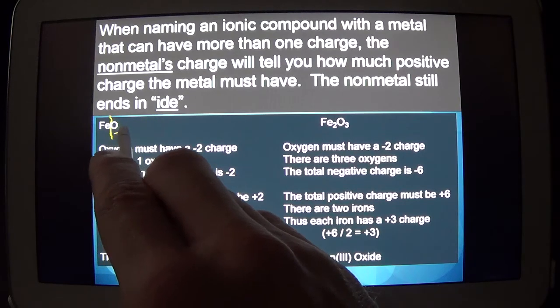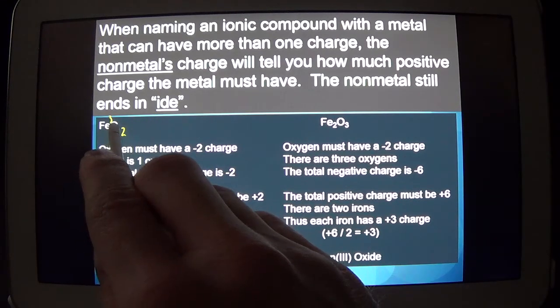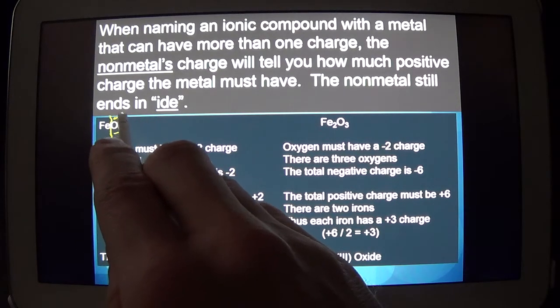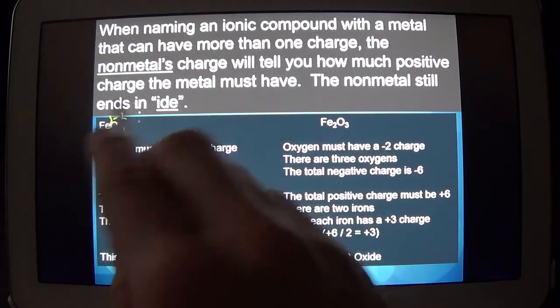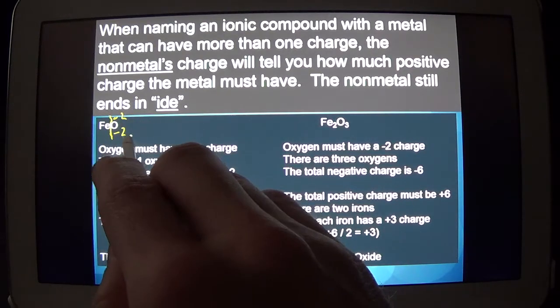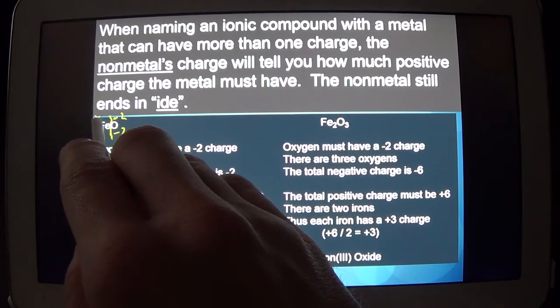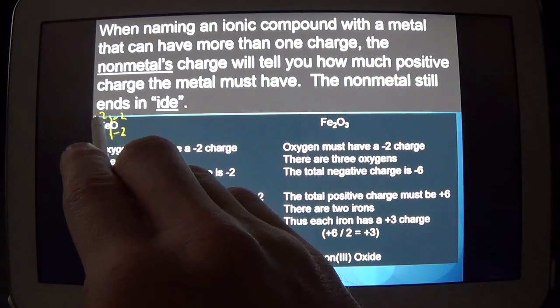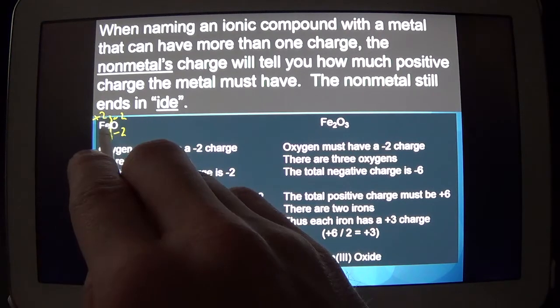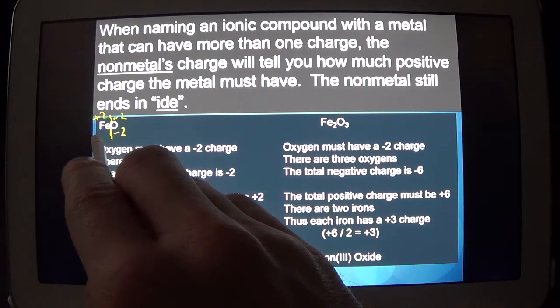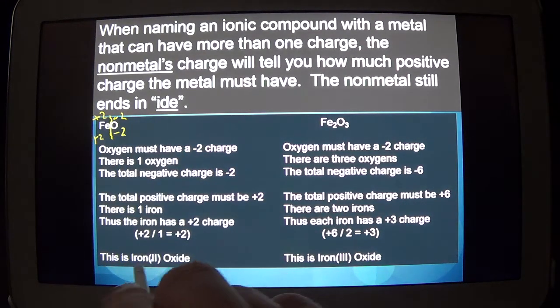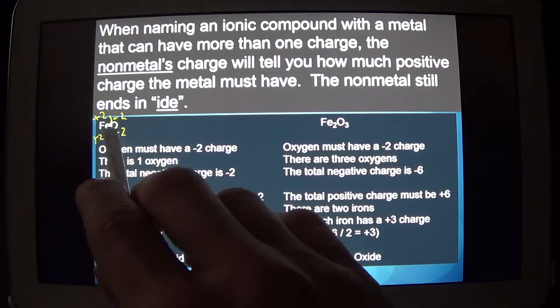Oxygen is a -2. I have one oxygen, that's a total negative of 2 on this side of the compound. Now the compound must be neutral, so I must have a +2 to neutralize the -2, and I have one iron, so that's a +2 for each iron. I name it iron(II) oxide because iron has a +2.